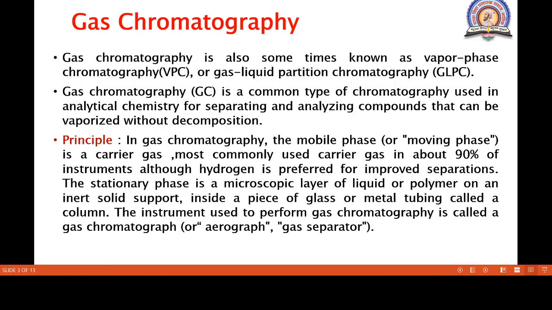That means the mobile phase used in gas chromatography is a carrier gas, while the stationary phase is a liquid or polymer material. The instrument used to perform gas chromatography is called a gas chromatograph. What is the name of that instrument? Gas chromatograph, or aerograph, or gas separator.